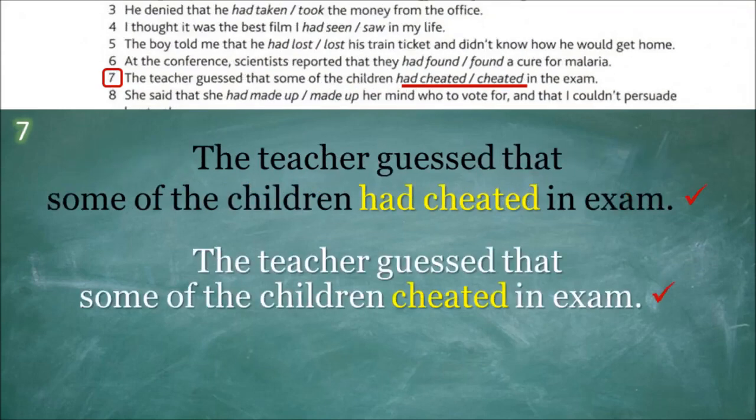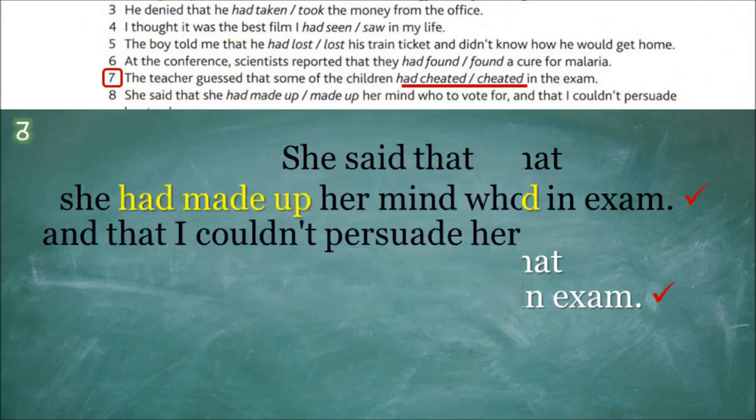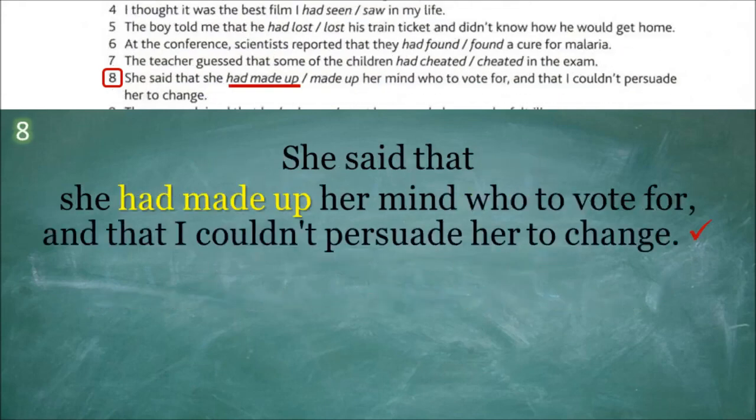The teacher guessed that some of the children had cheated in exam. The teacher guessed that some of the children cheated in exam. She said that she had made up her mind who to vote for, and that I couldn't persuade her to change.